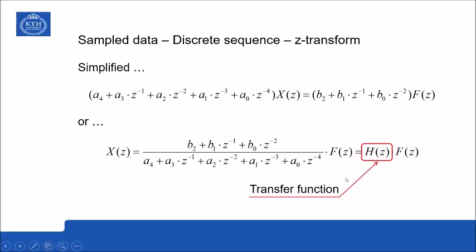We have now introduced the transfer function of the system, H of z. Like in the Laplace domain, the Z-transform of the displacement is the transfer function times the Z-transform of the exciting force. It is completely analogous to what we have seen before.